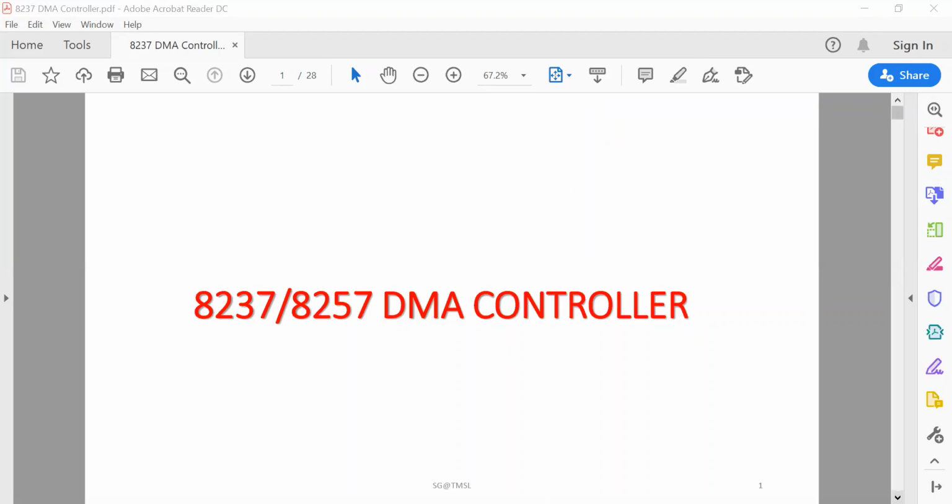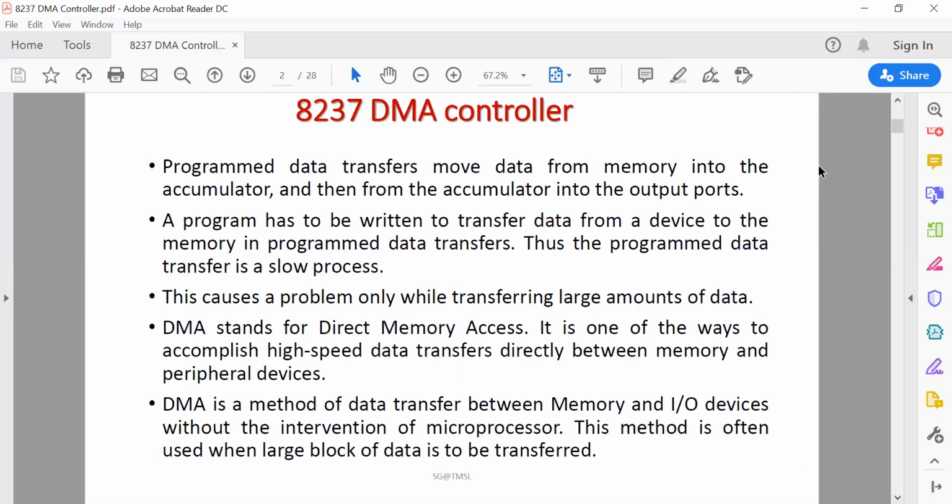Now, in program data transfer, what happens?